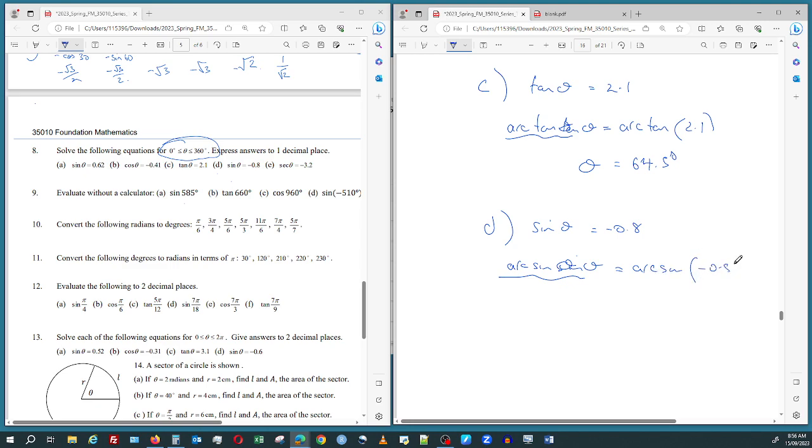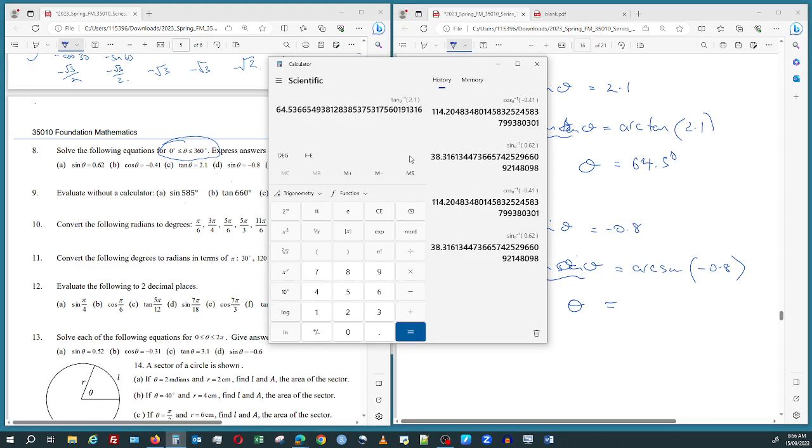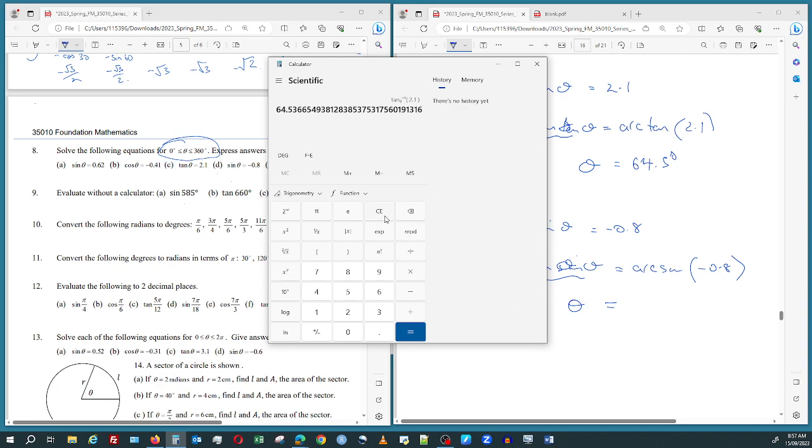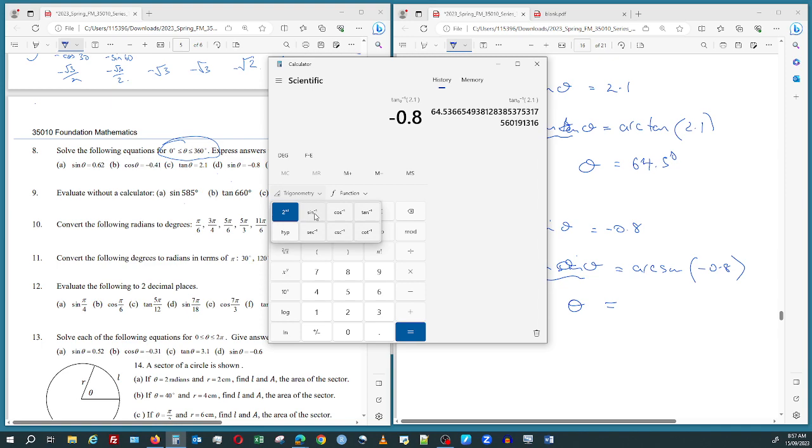Now I'm putting that in because some textbooks in 4-unit maths or some material you see in 4-unit maths will have arc sine rather than sine to the minus 1, but it's the same thing. The really important point here is that you understand it's the same thing. Alright, 0.8 minus, second function, sine, minus 53 degrees.